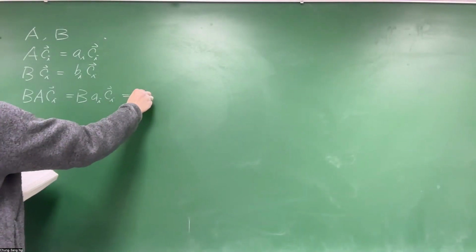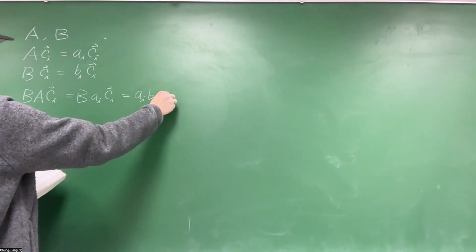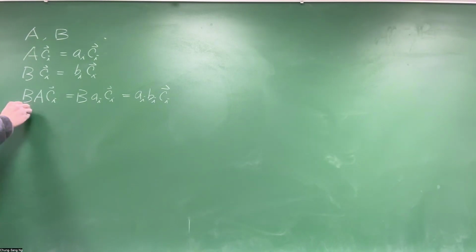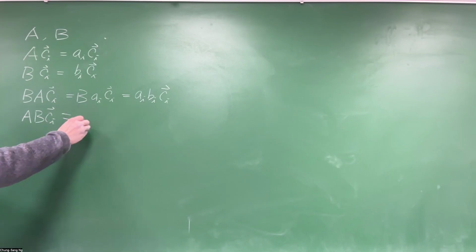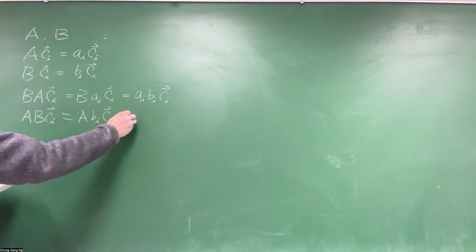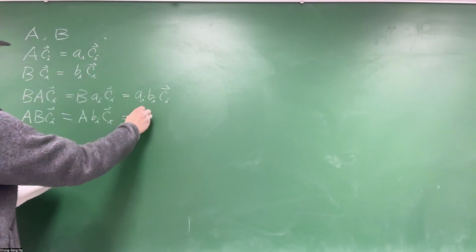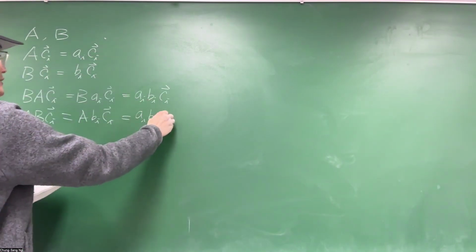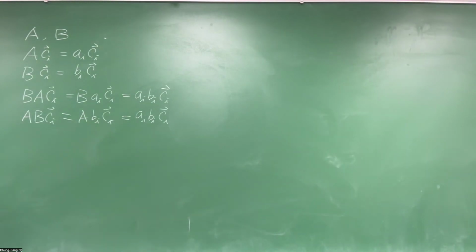You get A sub I, B sub I, C sub I. Then you reverse the order, A B C sub I, and you see that is A B sub I C sub I, and using the first one, it is still the same. This is for an arbitrary eigenvector.